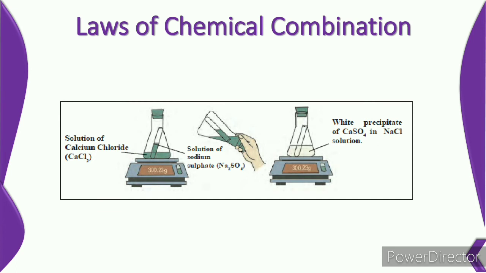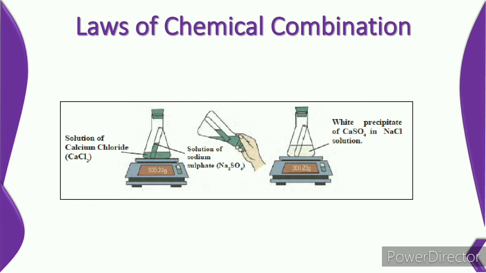Okay, and this was studied by different scientists in the 18th and 19th century. Dalton, Thomson and Rutherford studied the structure of substances and the atoms. And then they discovered the laws of chemical combination.